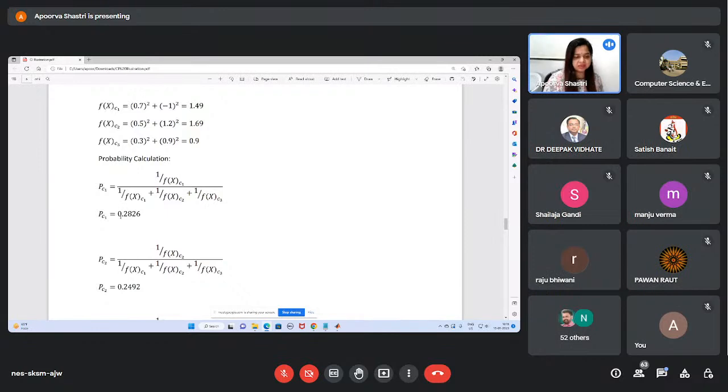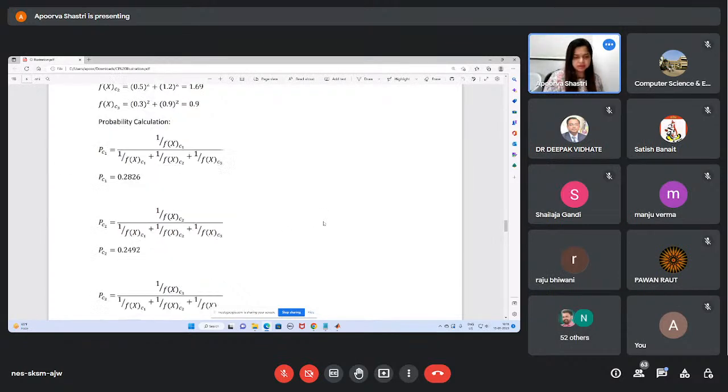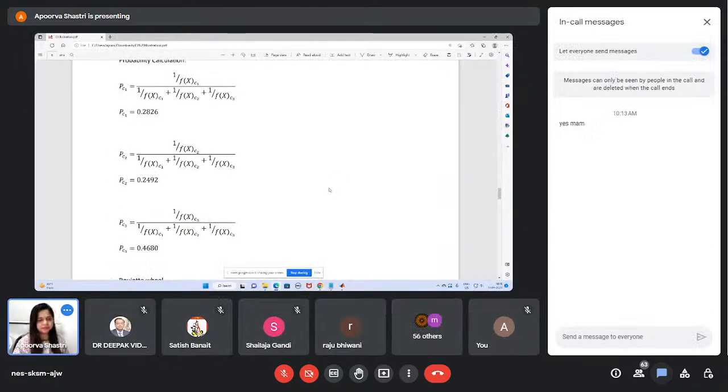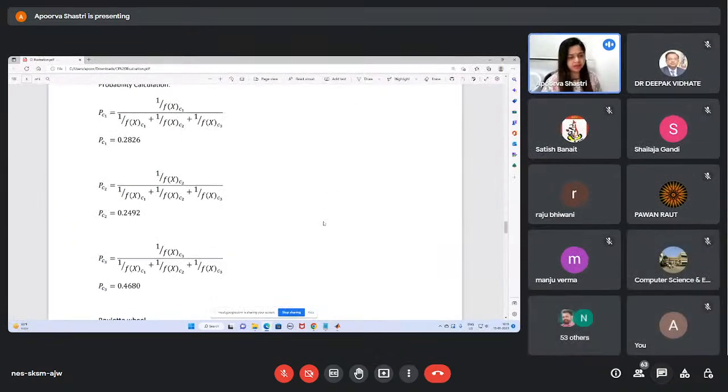Okay, anyone else with the probability values? Just cross check the probability values, please.